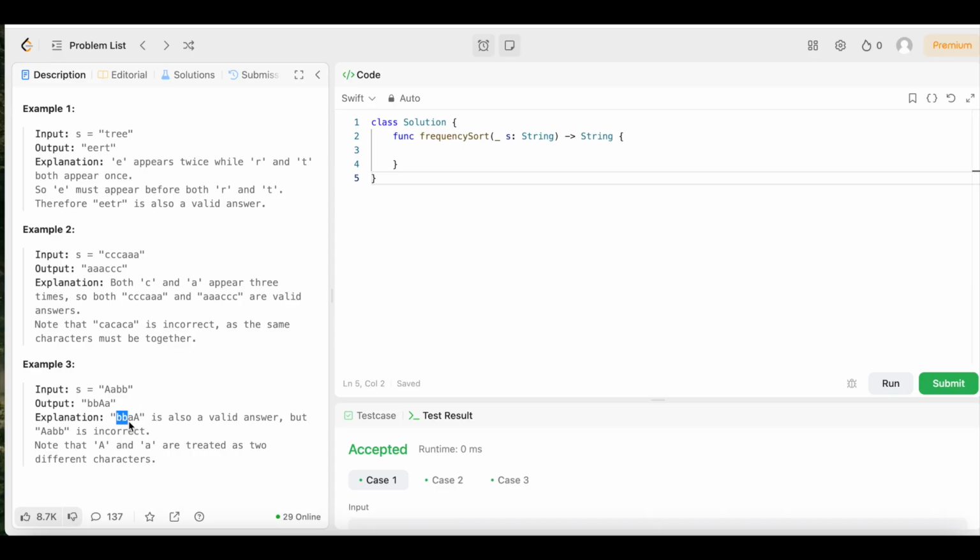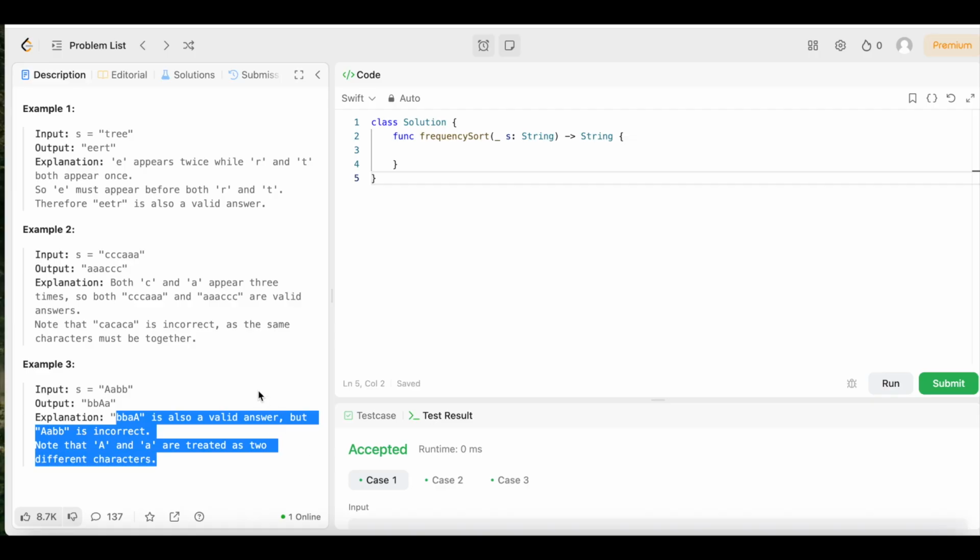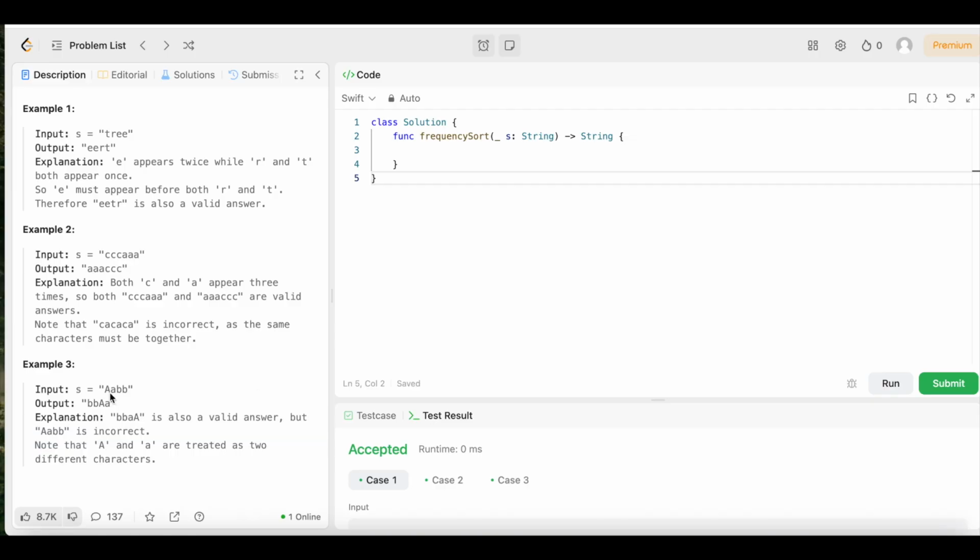The explanation says "bbaA" is also a valid answer, but "Aabb" is incorrect. Note that uppercase A and lowercase a are treated as 2 different characters. So in this case, uppercase A occurs once and lowercase a occurs once, and bb occurs twice.